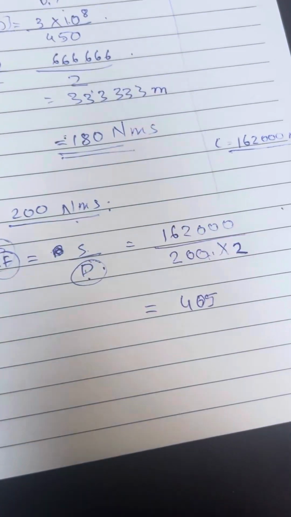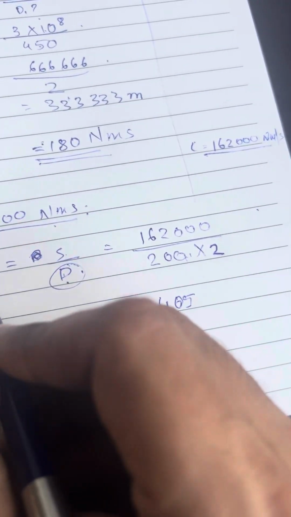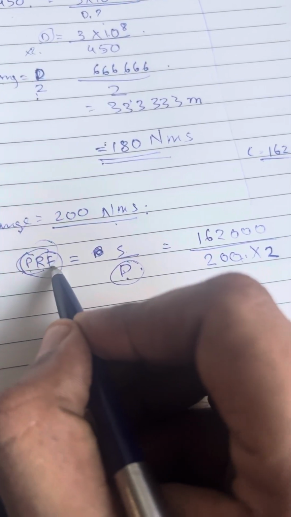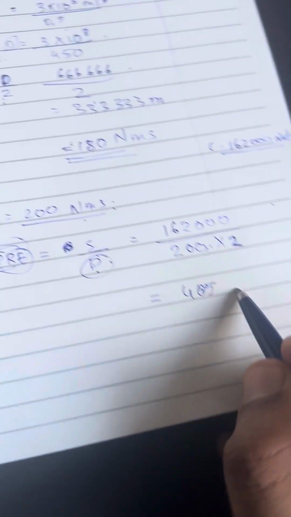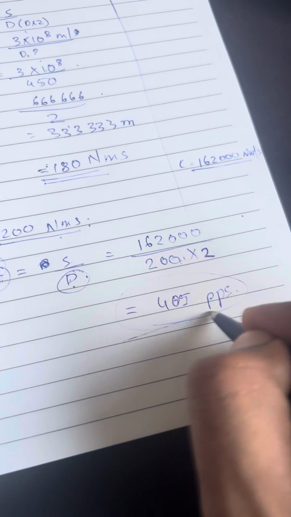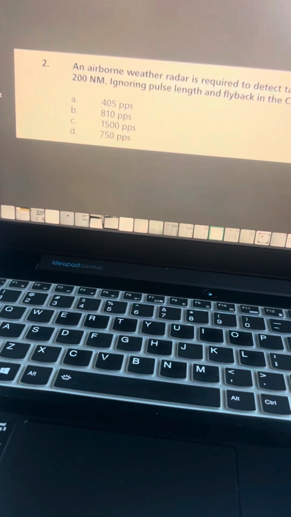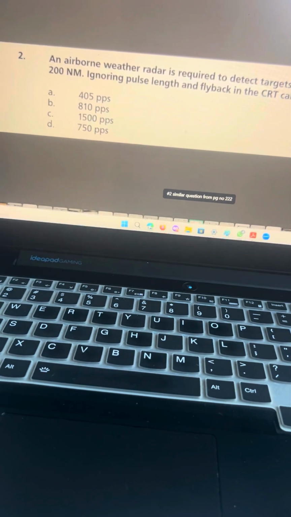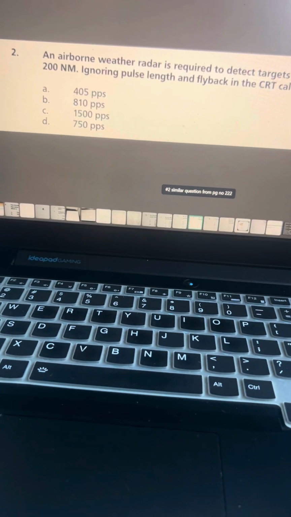PRF or PRR, one and the same thing, pulse repetition frequency or pulse repetition rate. So my answer is 405 pulses per second. Option A. Just cross check the answers.